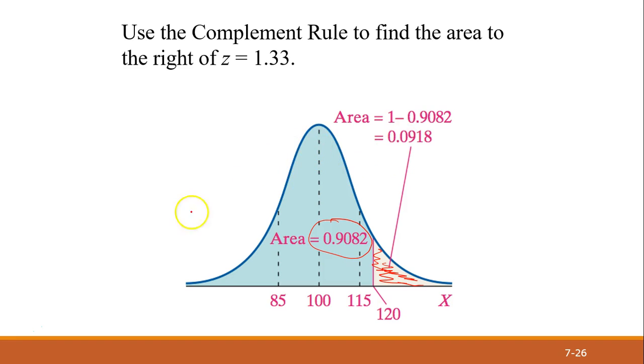Since the area under the whole normal curve is 1, we take 1 and subtract the area that we know to be left of our z-score to figure out the area under the curve to the right of the z-score. So that is how you find that particular area.